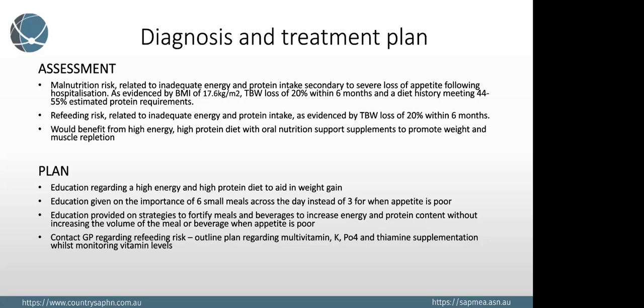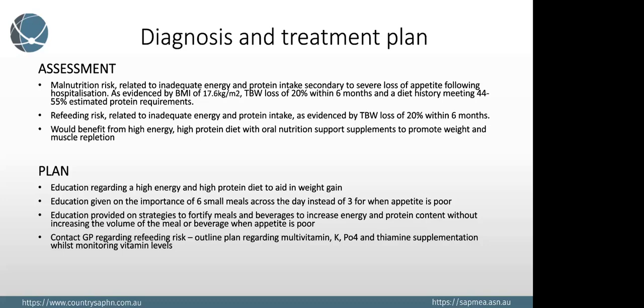So the plan that I would put in place with her is I'd give Mary education regarding a high energy, high protein diet, aiding weight gain, and education on the importance of 6 small meals across the day versus 3, if she would like something like that. But we'd probably have to work with her cups of tea and coffee, I'm thinking, as well. She doesn't necessarily snack a lot.